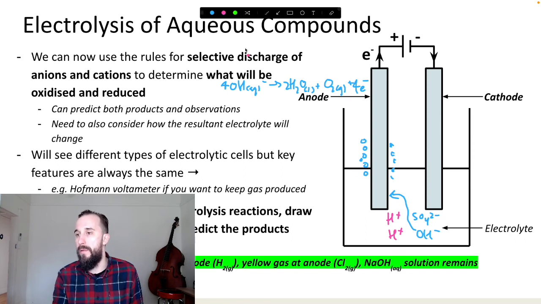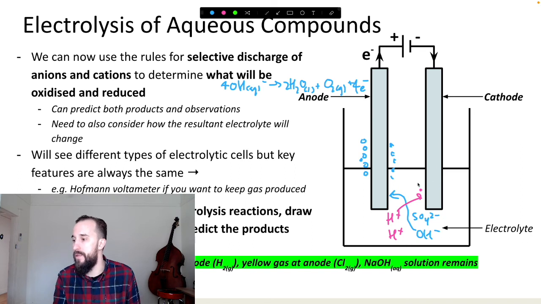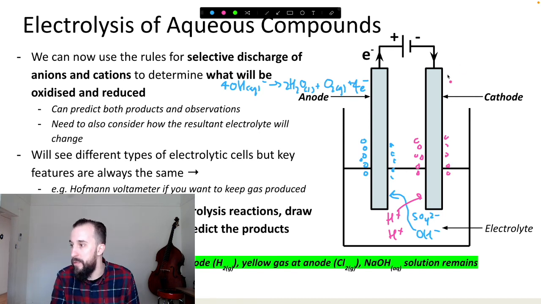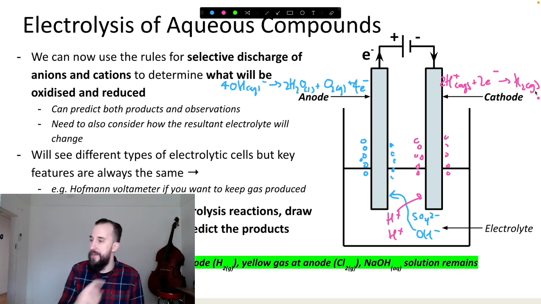And we've said, well, hydrogen is all that is there. So the hydrogen is going to be reduced to hydrogen gas. So we'll get the same equation that we had before. 2H+ aqueous plus 2e- goes to hydrogen gas, like so.